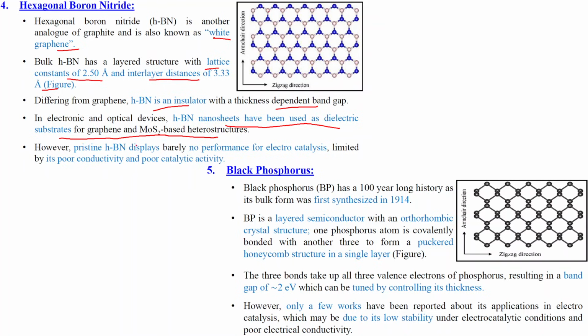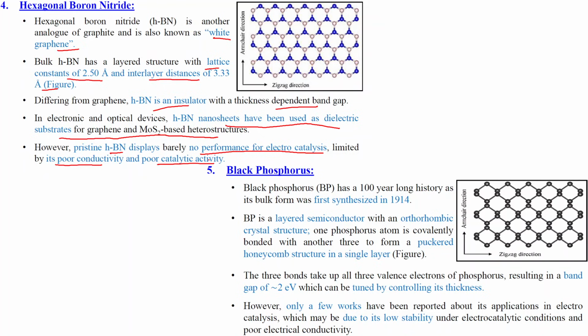Okay. So basically pristine HBN displays barely any performance for electrocatalysis, limited by its poor conductivity and poor catalytic activity. So the main problem here is it has a good structure, but doesn't have conductivity properties, so it cannot be used as an electrocatalyst.